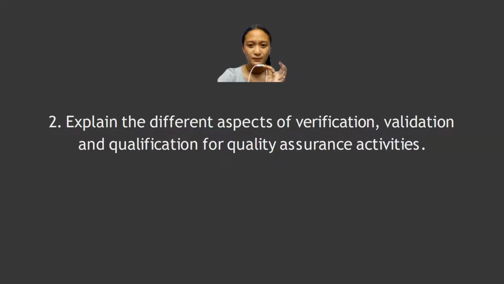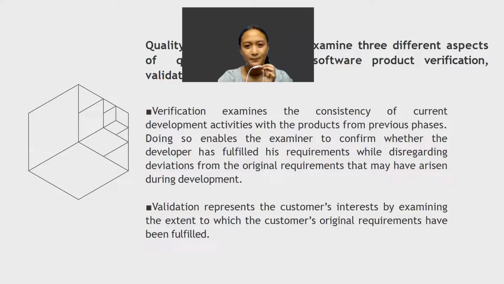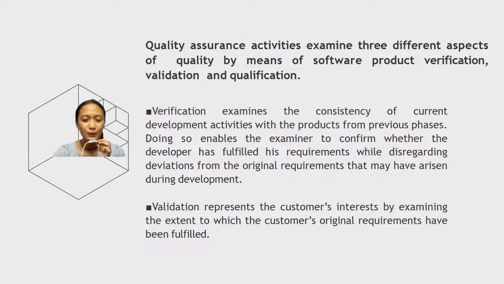For the second question, explain the different aspects of verification, validation, and qualification of quality assurance activities. The quality assurance activities examine the three different aspects of quality by means of software product verification, validation, and qualification.